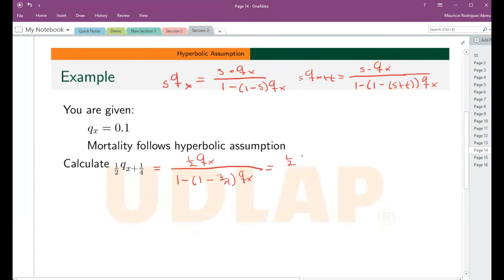So 1/2 of 0.1 divided by 1 minus... and as you can see, this translated immediately into the long formula for the first assumption, the uniform distribution of deaths, just because we have this thing.